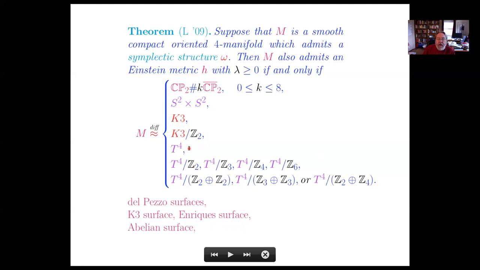Then there is the so-called Abelian surface. The so-called Abelian surfaces are C2 mod lattices. And then there are various complex surfaces that can be displayed as elliptic curve bundles over an elliptic curve, and those are the so-called hyperelliptic surfaces because they were first discovered in the context of the study of hyperelliptic functions.